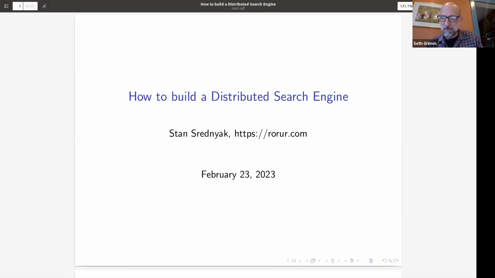You have another question in the Q&A from Adil. Can you use depth-first search or breadth-first search using reinforcement learning method for a crawler? If you want to read it yourself, it's in the Q&A. Well, I'm not sure I fully understand this question. For actually serving the queries, there is no reinforcement learning at that point.